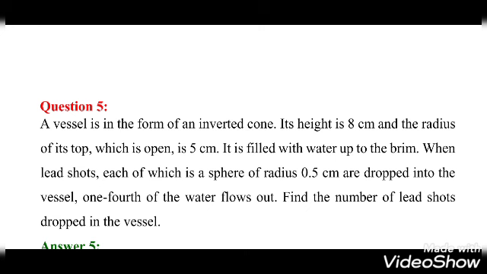When lead shots, each of which is a sphere of radius 0.5 centimeter, are dropped into the vessel, 1/4 of the water flows out. Find the number of lead shots dropped in the vessel.